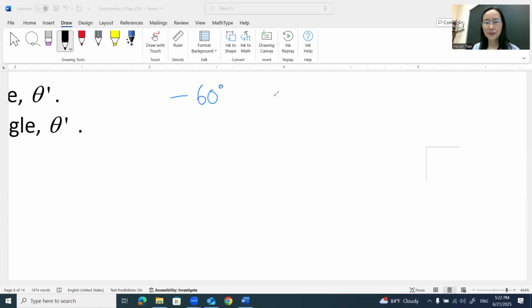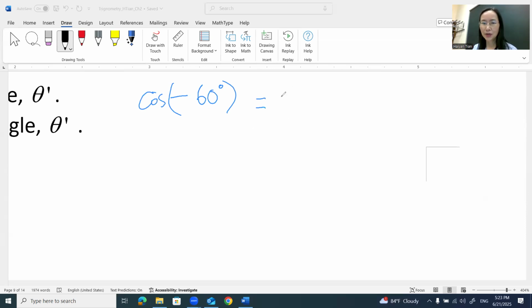But still, if you want to find the cosine value of negative 60 degrees, what is the angle that is coterminal with negative 60, and it's the least positive?